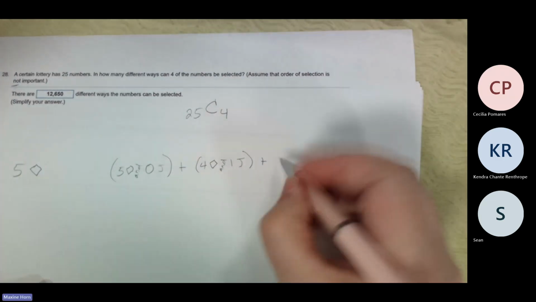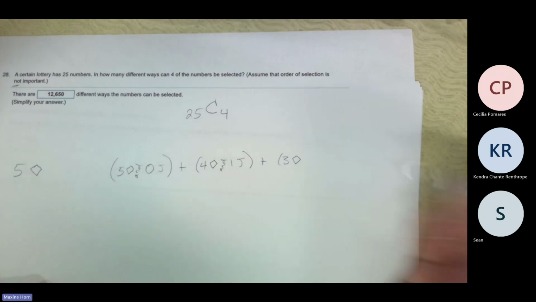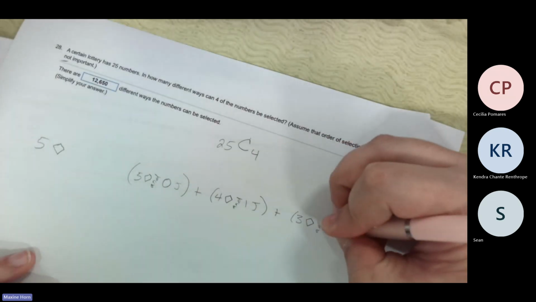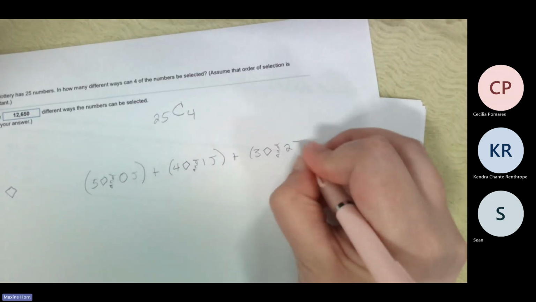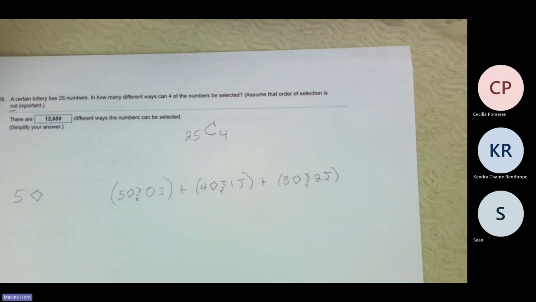Or we could have 3 diamonds and 2 jokers. Those are all the different ways that I can pull 5 diamonds if I can count a joker as a diamond and I have 2 jokers available.